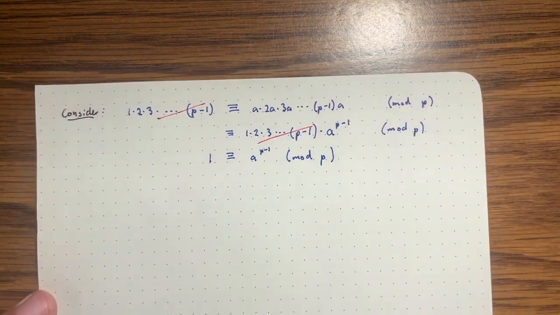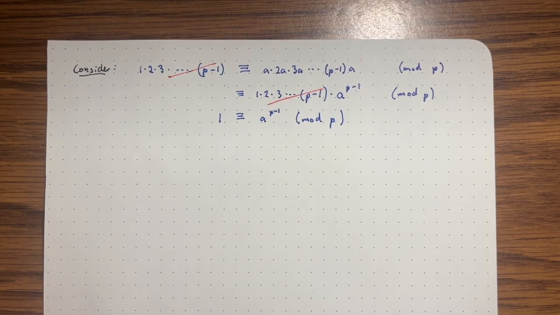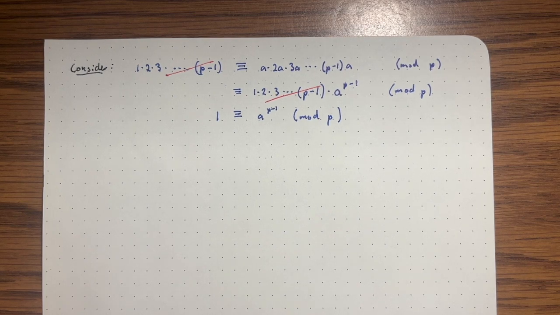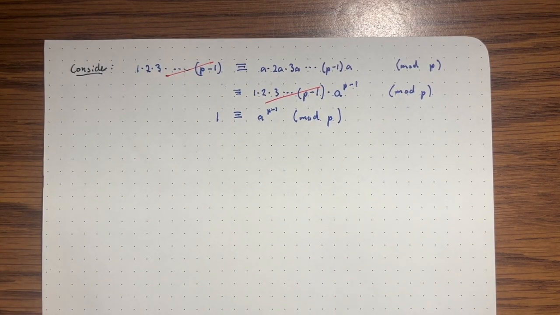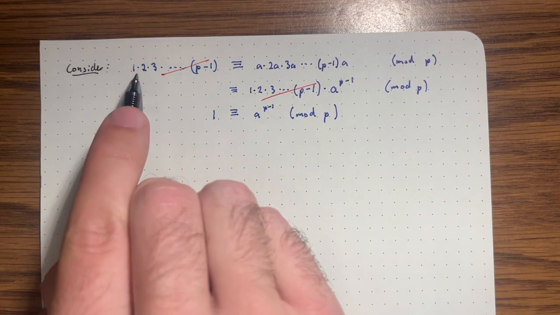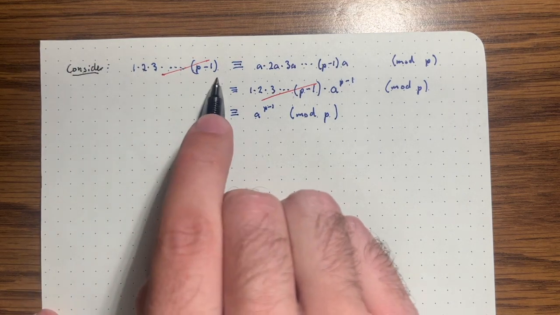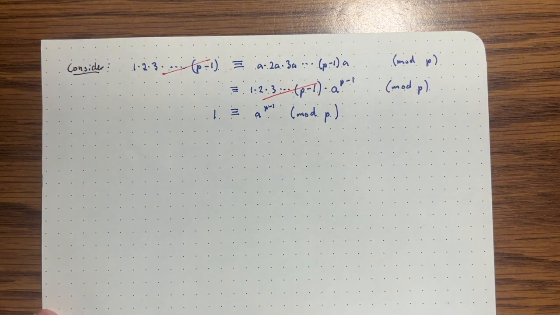However, we have to be careful when we cancel things, because remember, in modular arithmetic you're not always allowed to divide. When are you definitely allowed to divide? I'm definitely allowed to divide if this is invertible. If it's invertible, I can multiply both sides by the inverse of this number.